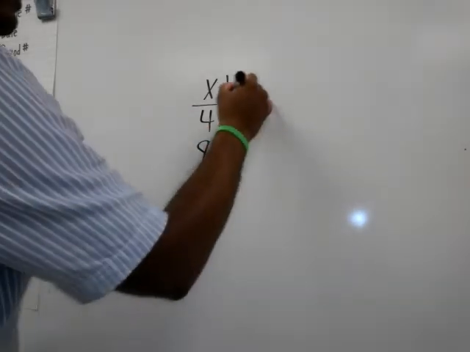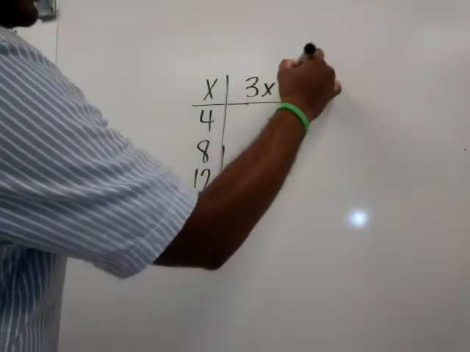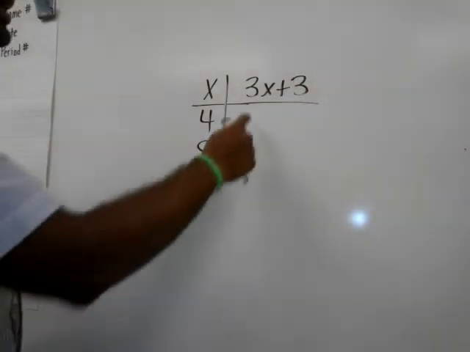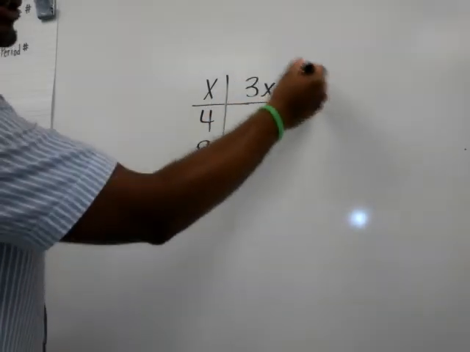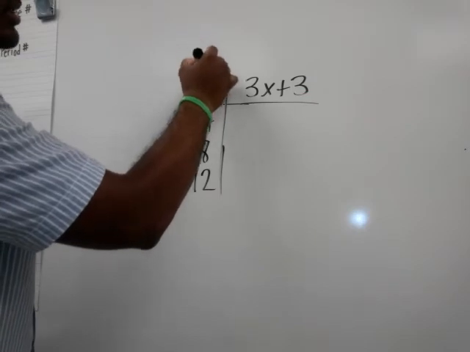And then we have an expression, 3x plus 3. This is clearly stating that here's an expression, 3x plus 3, and these are all inputs.